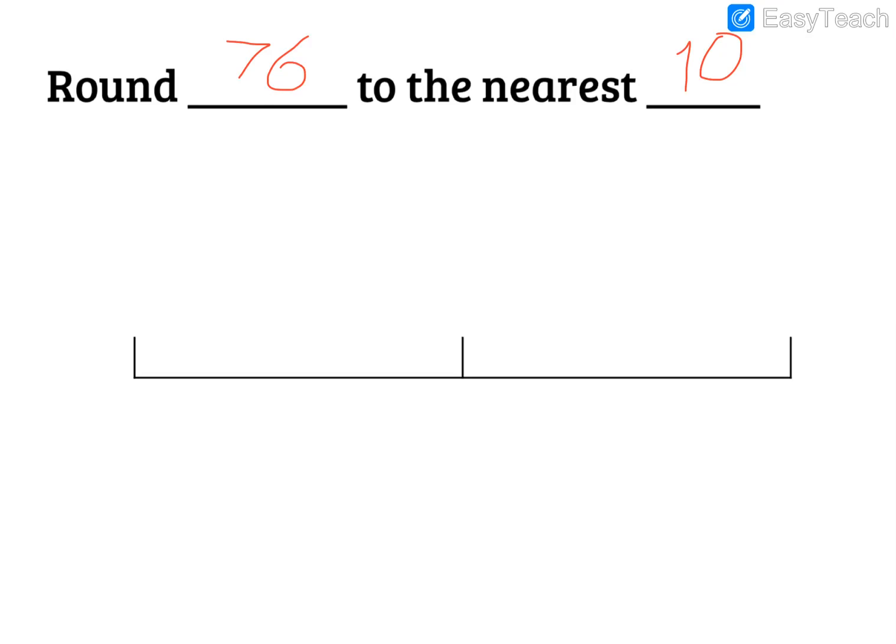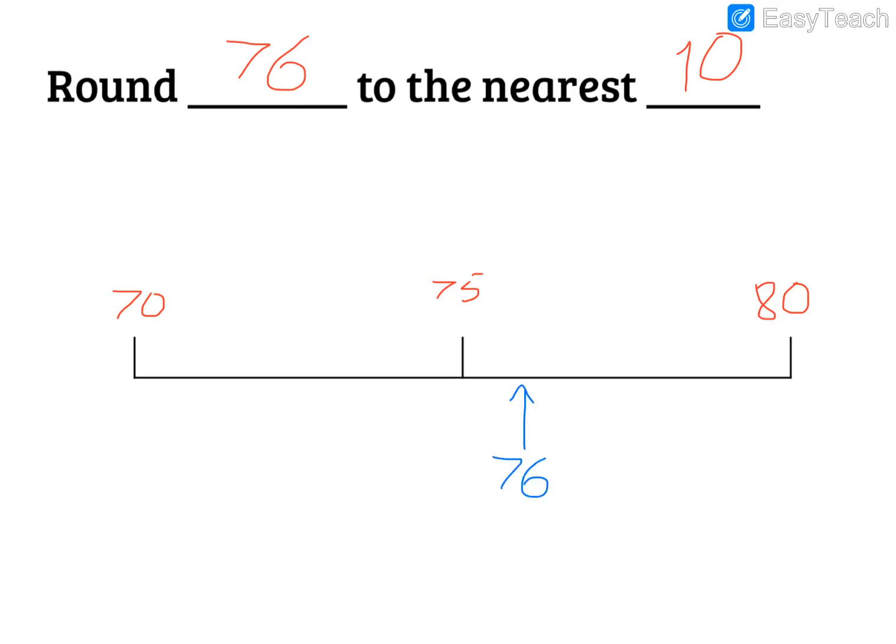We need to think about which tens 76 is in between, and it's going to be in between 70 and 80, right? Bang in the middle of those would be 75, and the number that we want is 76. So the number we're after is about here, 76.